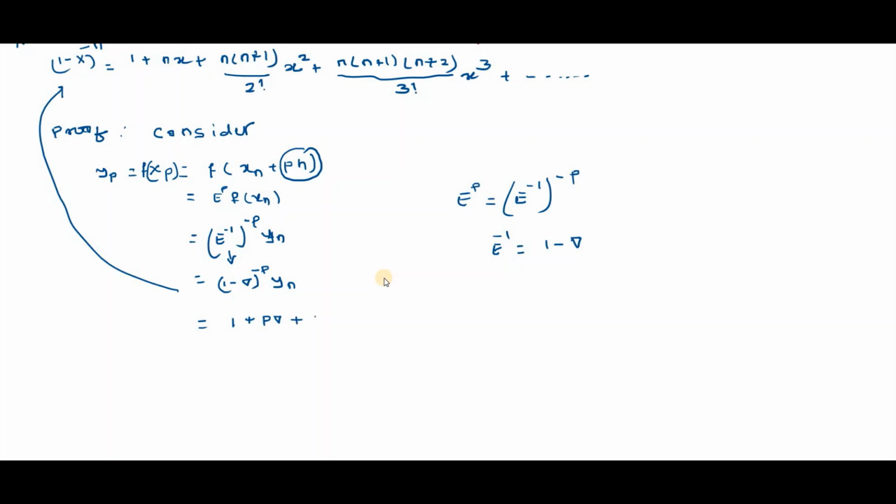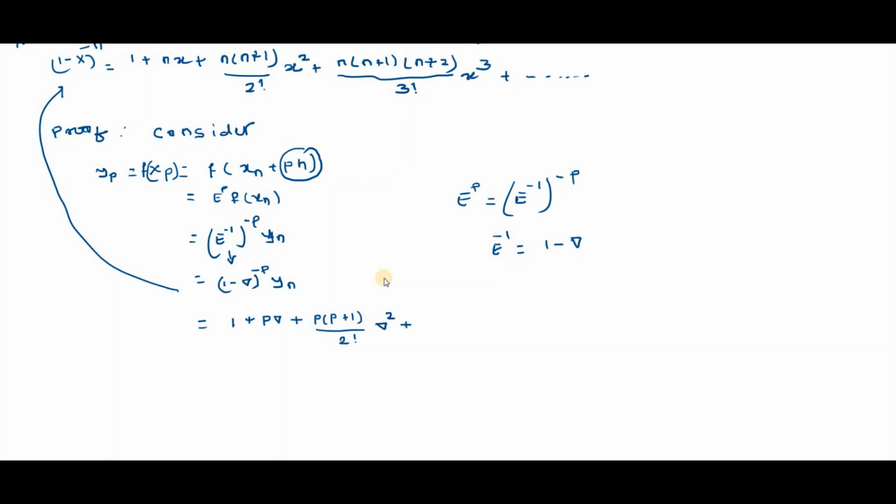Similarly, next term is n into n plus 1. N value is p, so we can write it as p into p plus 1 divided by 2 factorial into x square, and x value is del, so del square.